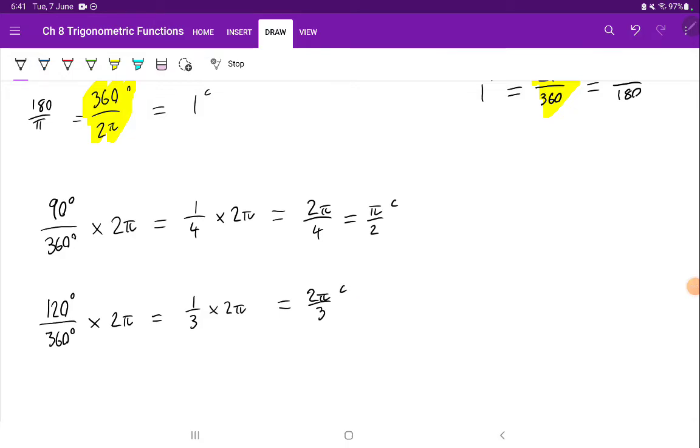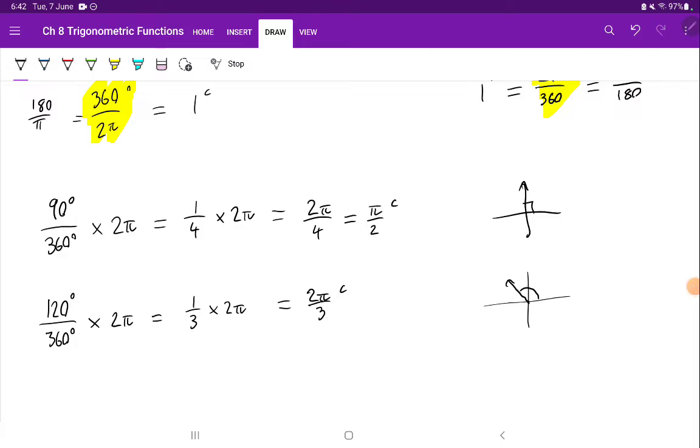So 2 pi over 3 radians is the same as 120 degrees. And just make sure we're feeling happy. 120 degrees is about this angle here. And pi on 2, 90 degrees, well, is that angle right there. Just to make sure we're getting a visual intuition.